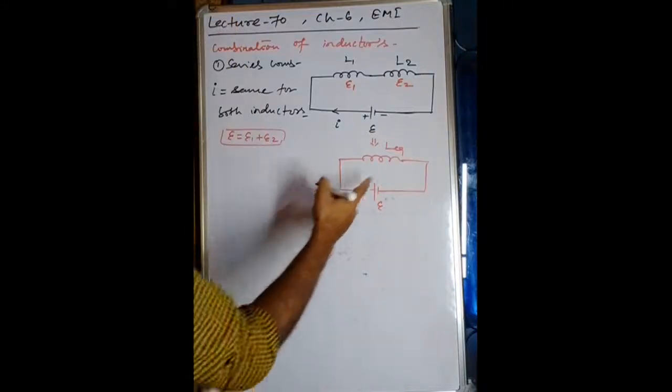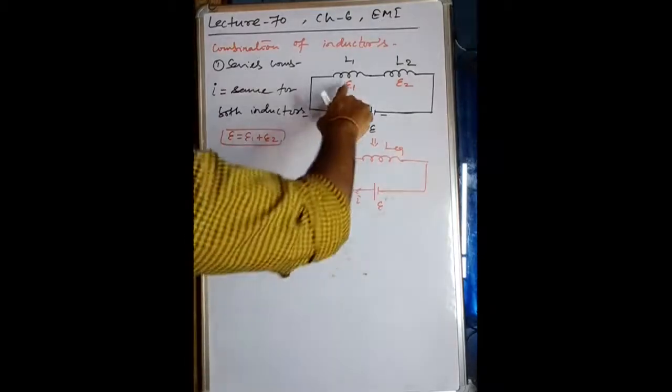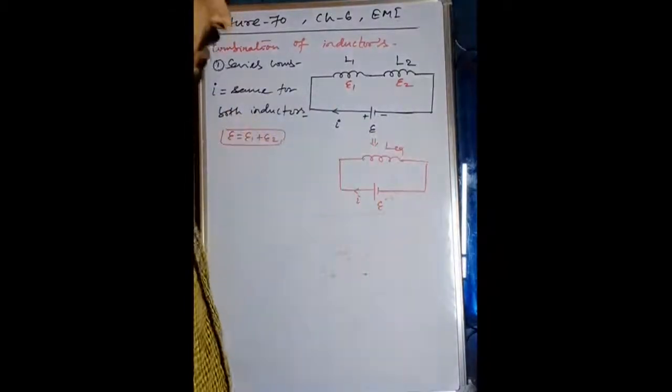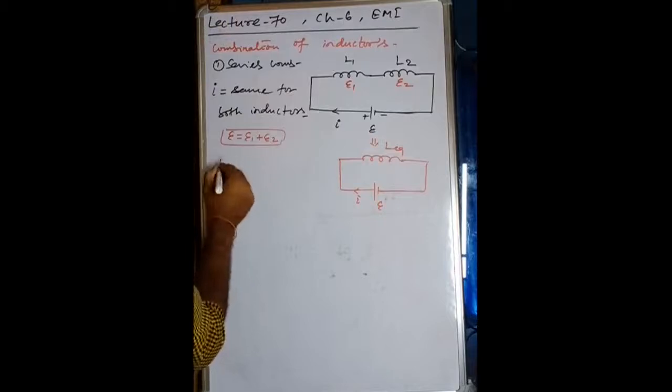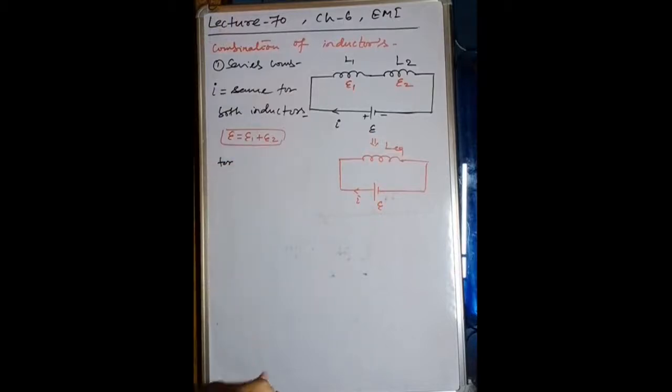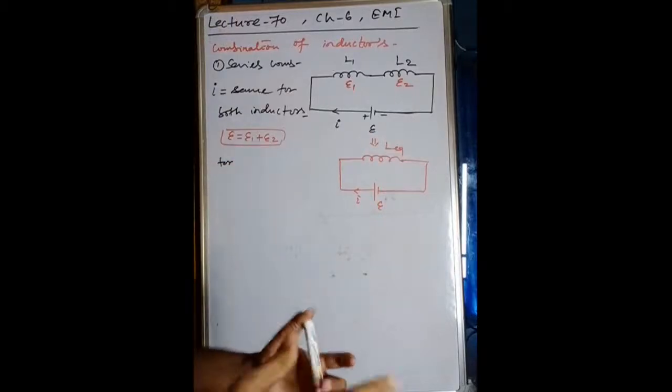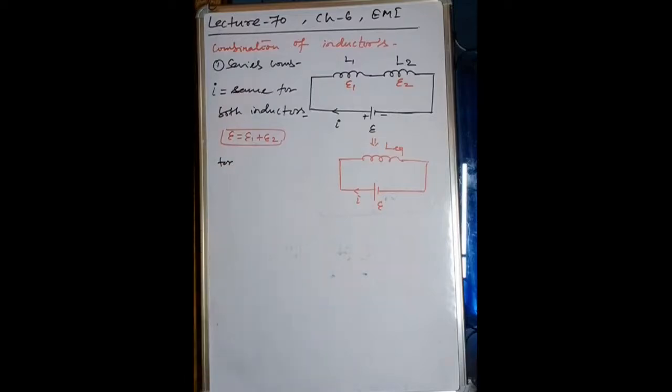Here we can write for all the inductors one by one. Remember, we are doing the same operations as we have done in resistors and capacitors. Equivalent capacitance, equivalent resistance we have studied. In a similar way we are doing it here also.